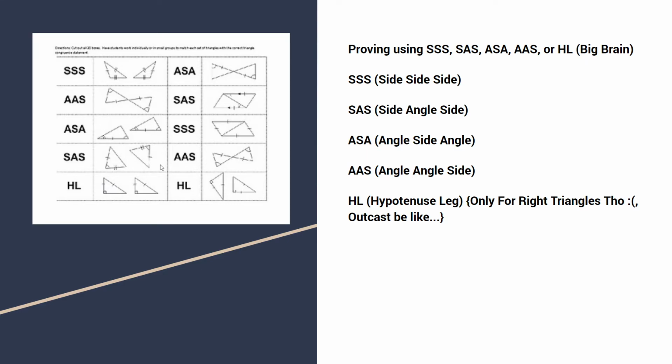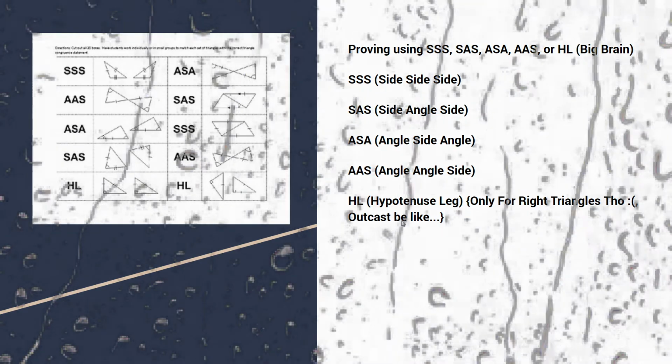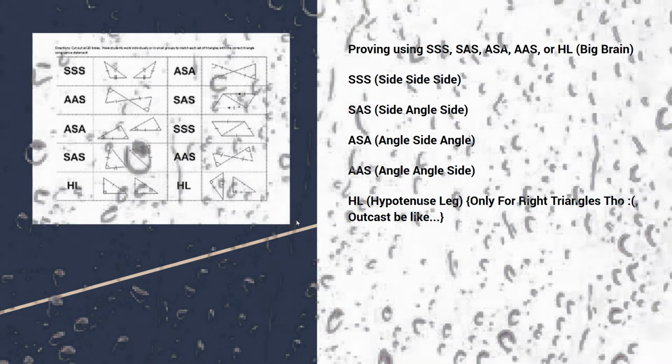Here's the tricky part, or I would say people forget about it sometimes. It's kind of confusing when you don't understand it much. HL: hypotenuse, leg. Hypotenuse, right angle, right? It's only for right triangles though.